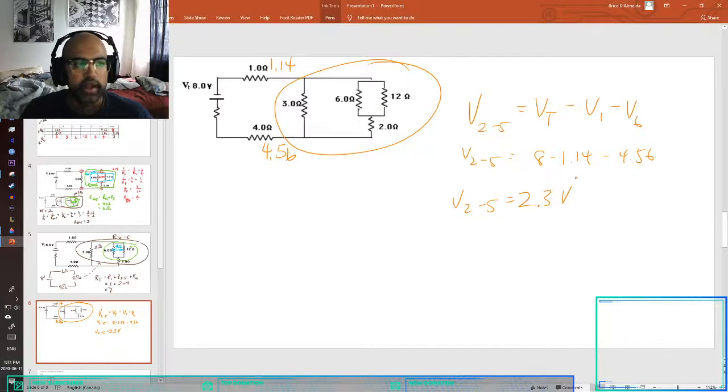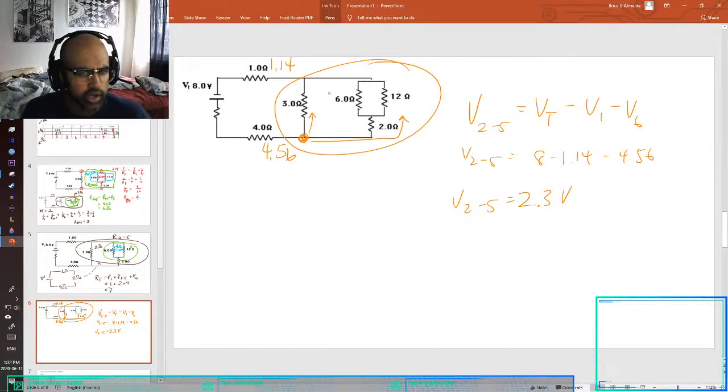Wonderful. How does this help us? Let's have a look. Every electron that passes through this junction has to split up and go through the 3 ohm resistor and the rest of them. Did I divide 2.3 by 4?